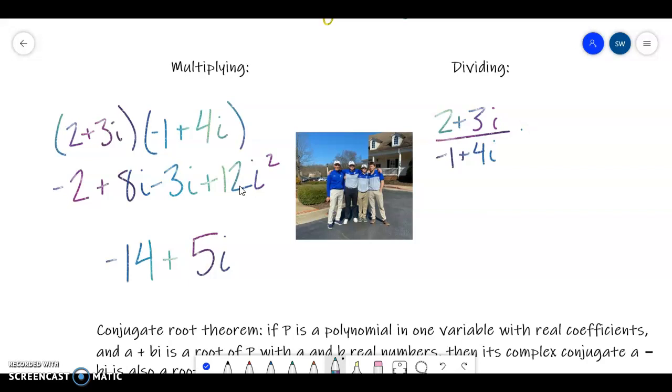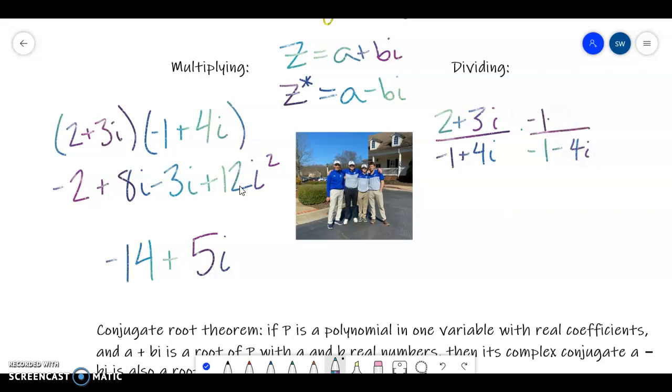Remember, if z is equal to a plus bi, the conjugate, in IB, is denoted by z asterisk. That is a minus bi. a doesn't change, but you change the sign of b. So we multiply both the numerator and the denominator by the conjugate.